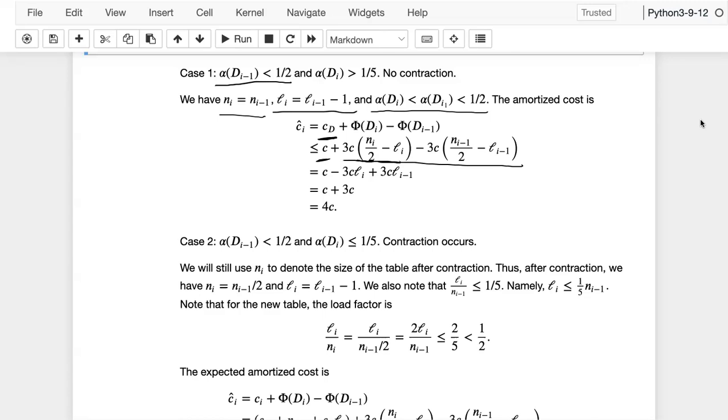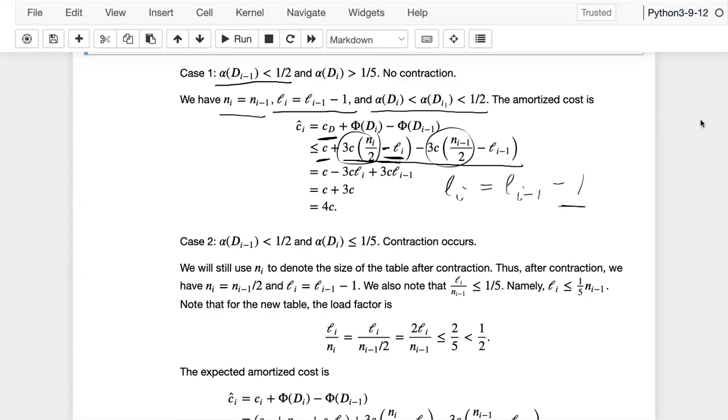So now we do a straightforward manipulation. This and that cancel, and this is negative L sub i. Now remember, L sub i here is L sub i minus 1 because of the deletion. So you'll get minus 1 here, and then negative u here, so that becomes plus.